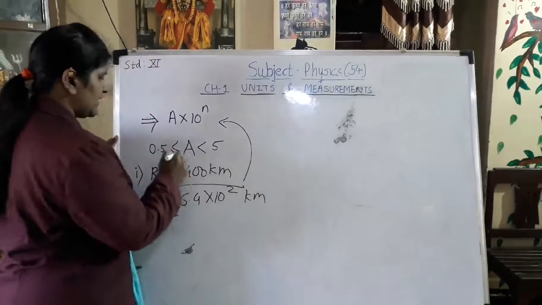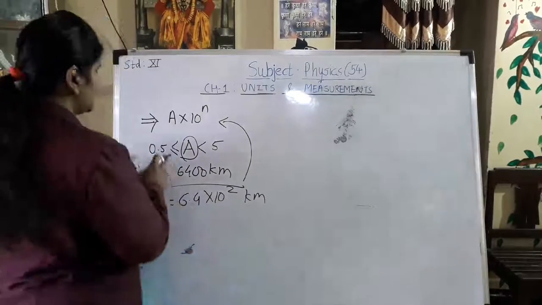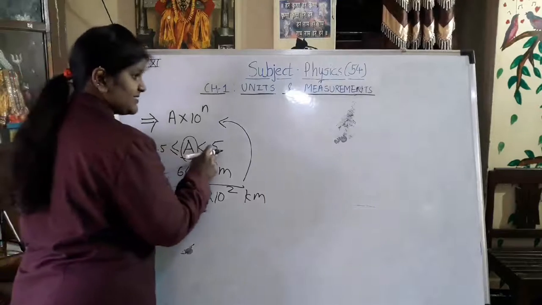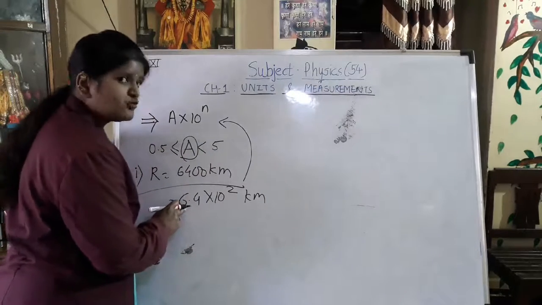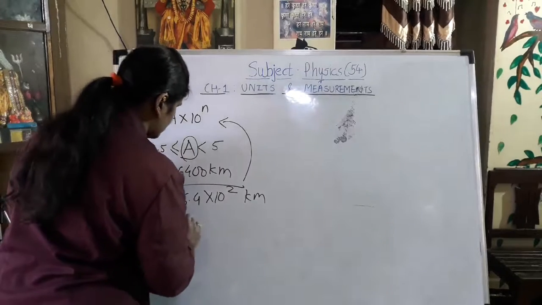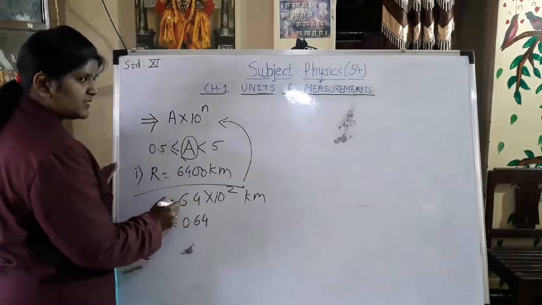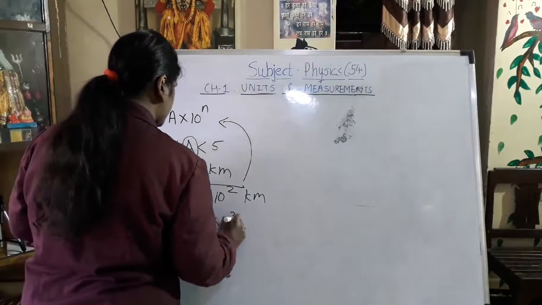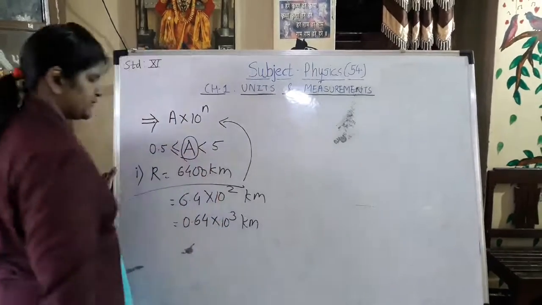But there is a rule to follow for A. What is that rule? The number should be greater than or equal to 0.5 and less than 5, but this is becoming greater than 5, so I have to reduce this. So I can write this as 0.64. As I took the decimal point over here, this becomes 10 to the power 3 kilometer.